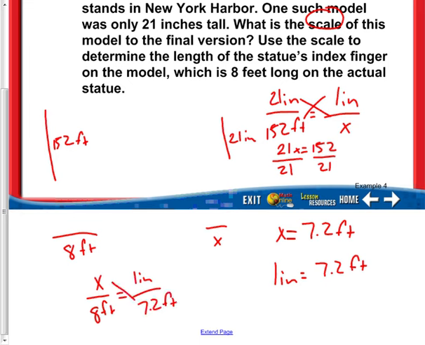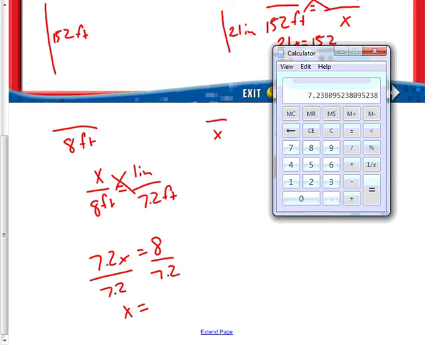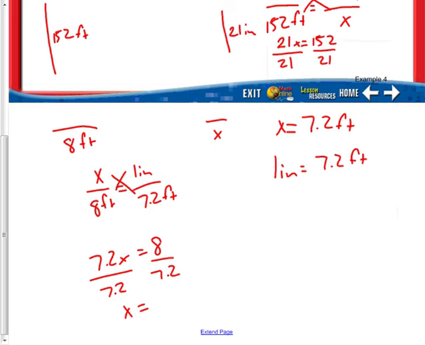So when you cross multiply, we're going to get 7.2x equals 8, and divide by 7.2. And so x equals, we need to take 8 divided by 7.2, so about 1.1 inches.